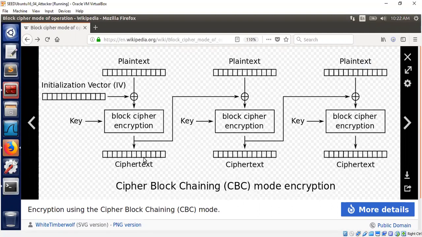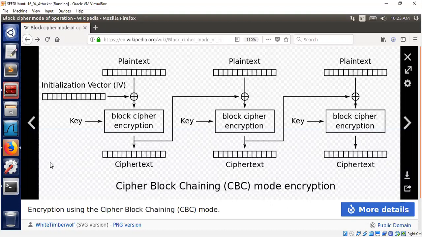Therefore, we must have been given the same input to the block cipher encryption. But we know the IVs are different. That means the plain text must have also flipped exactly at the same place. If the plain text was flipping here and the IV was also flipping here, then the XOR of the plain text and IV would have the same value at this point. Therefore, the ciphertexts are the same.